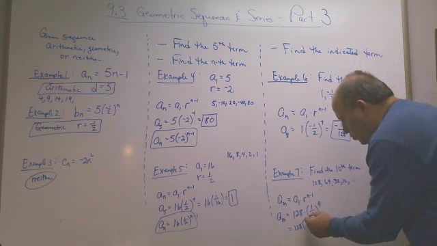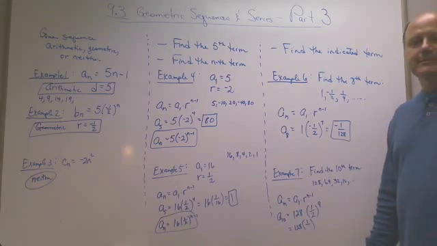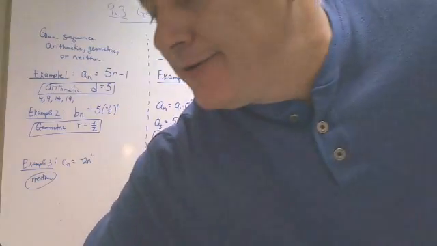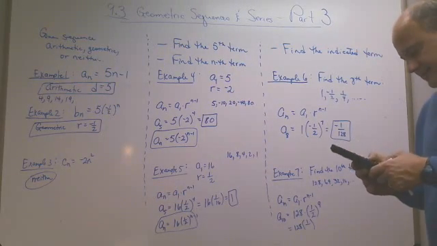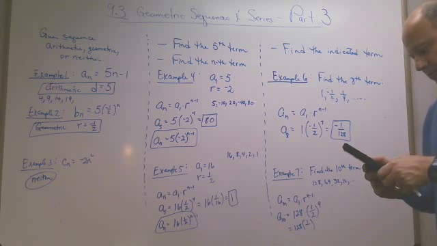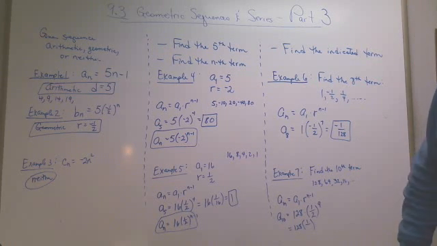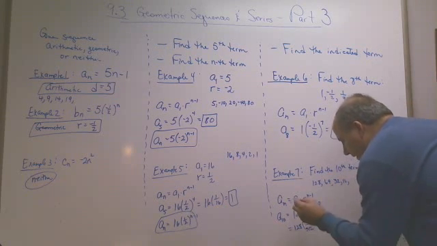Now 1 to the 9th is 1, and then 2 to the 9th, maybe 2048, I'm hoping. I have no idea. I just made this problem up before I put it on the board. No, 2 to the 9th is 512. Yeah, that's right.